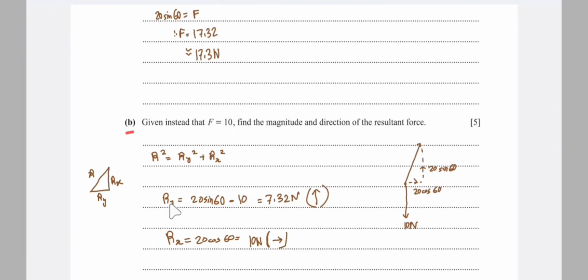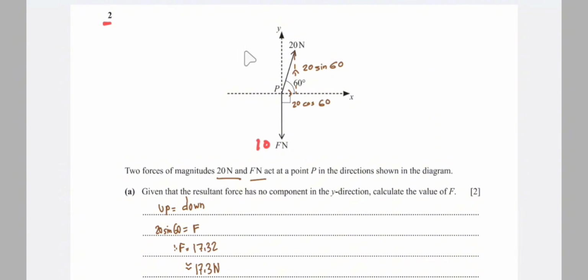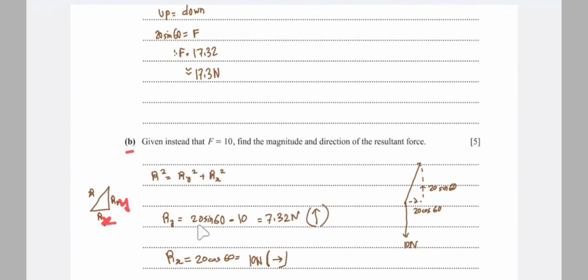For the resultant force, first of all, we need to find the resultant force in the y direction and in the x direction. Resultant force in the y direction, if we consider upward as positive, is 20 sin 60 minus 10, in the upward direction.